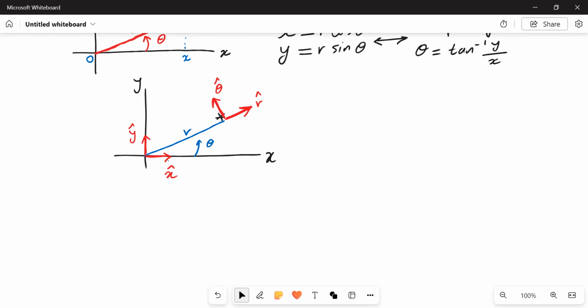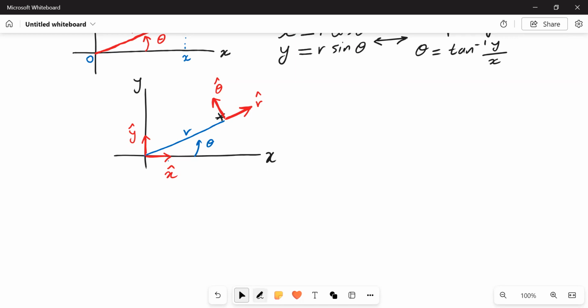That comes from the fact that in the Cartesian system of coordinates, the unit vectors are constant in direction, whereas for the polar coordinates, the unit vectors are not generally constant in direction. In fact, both of them are functions of the azimuthal angle.